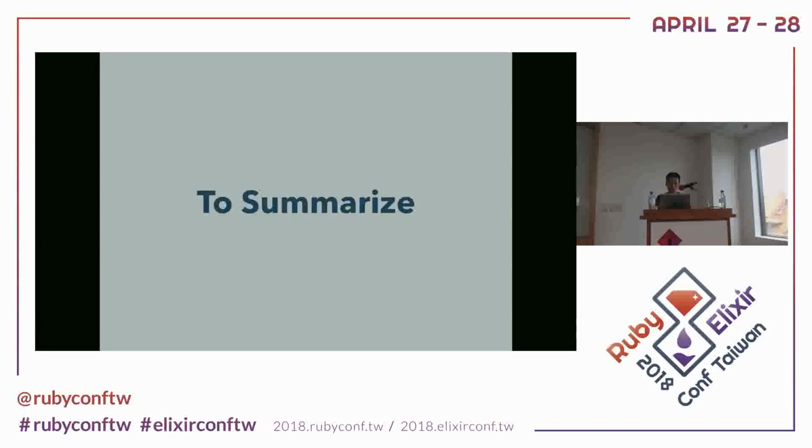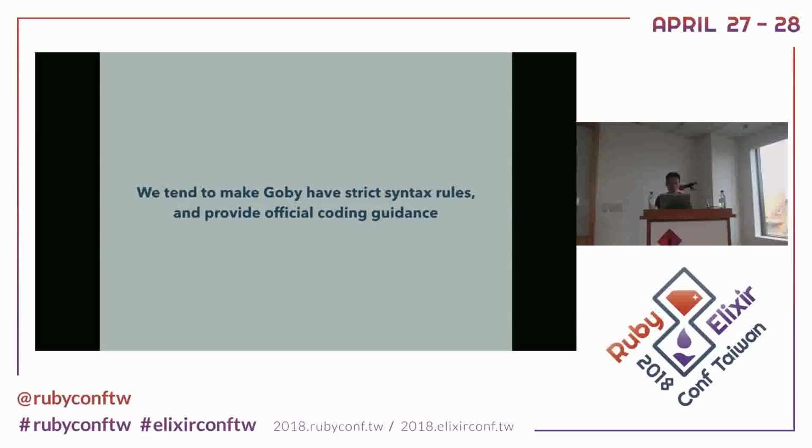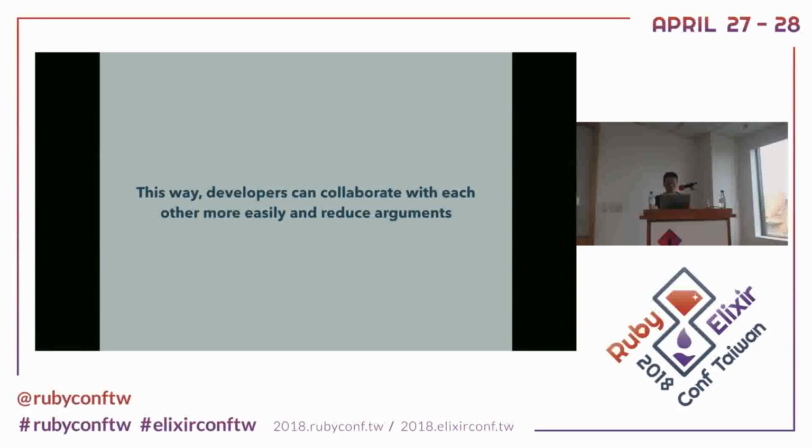So to summarize our plan, first we intend to make Gobi have strict syntax rules by providing official guidance. This way, developers can collaborate with each other more easily and reduce arguments.